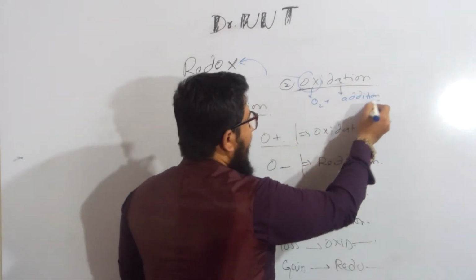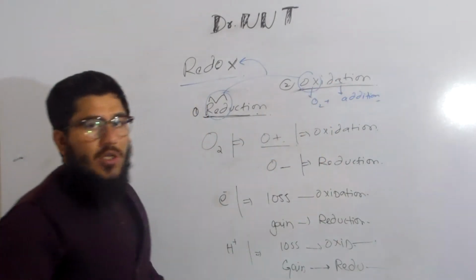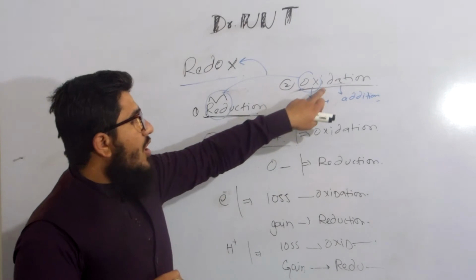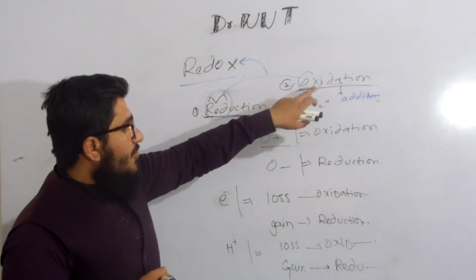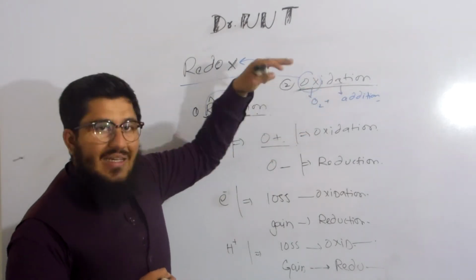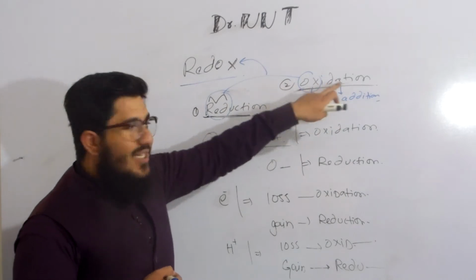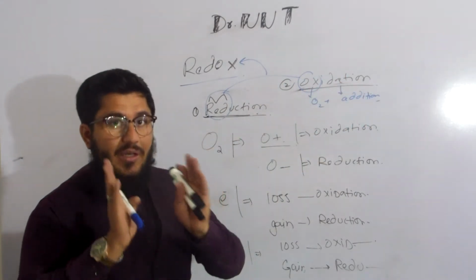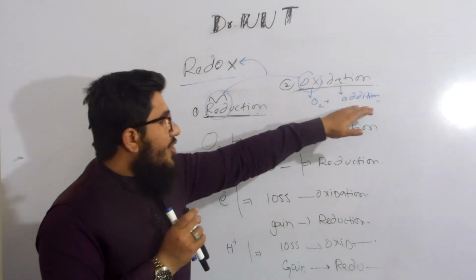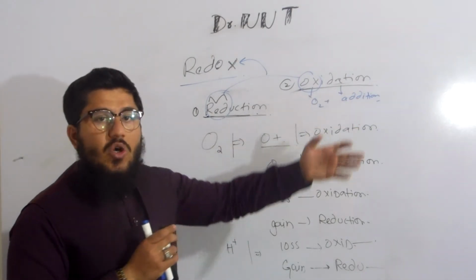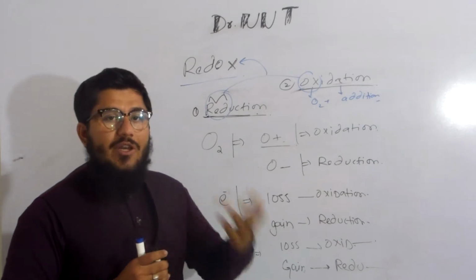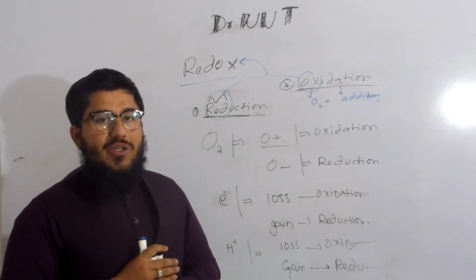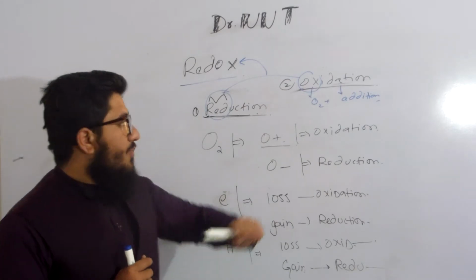So addition of oxygen is called oxidation. Remember, the word itself is telling you something. Oxy means oxygen, and dation is addition. Whenever in any reaction there is addition of oxygen, you will call that reaction an oxidation reaction.